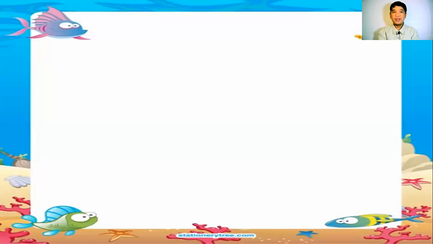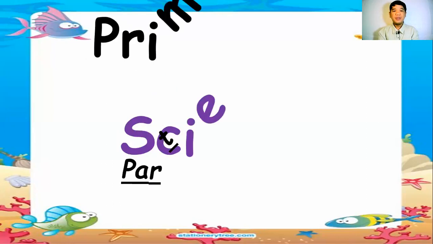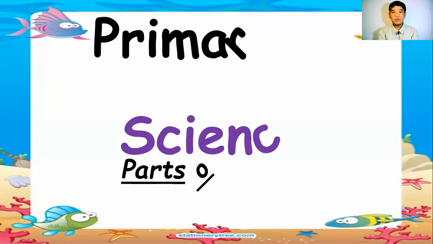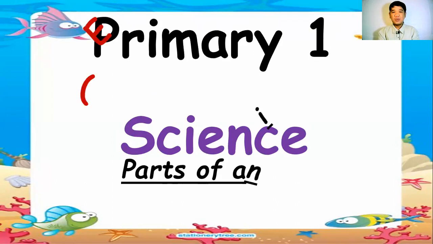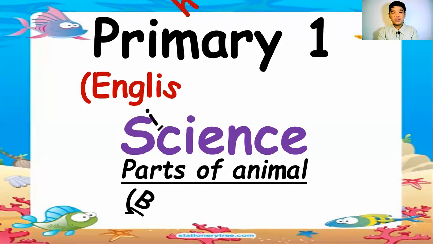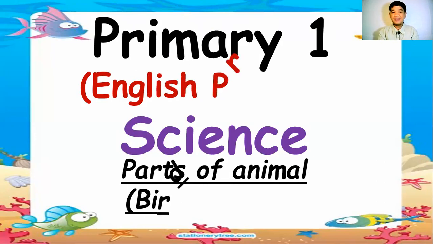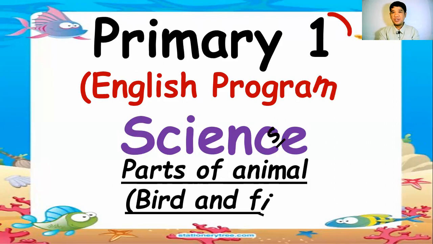So again, welcome to Primary 1, the English program, and our subject this morning is science. And what is our topic this morning? We will talk about the parts of animals, which is the bird and the fish, all right? So I know you love birds.